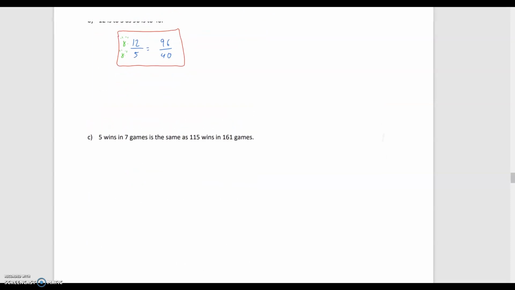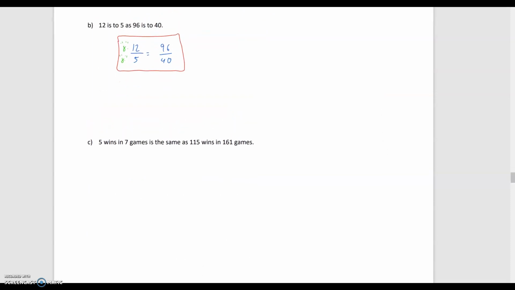Now, for C, the only difference is that you have units. So in this case, I'm just going to rewrite it as 5 wins to 7 games has to be the same as 115 wins over 161 games. So this is the proportion that they're referring to.